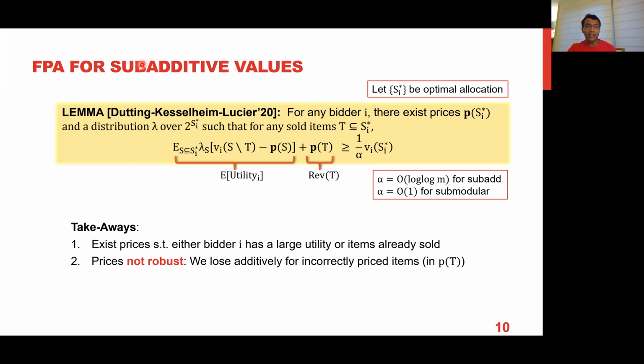Our building block, as I had mentioned, is this recent result of Paul Duting, Thomas Kesselheim, and Brendan Lucier from FOCS 2020, where they show that there do exist nice prices even for subadditive bidders.